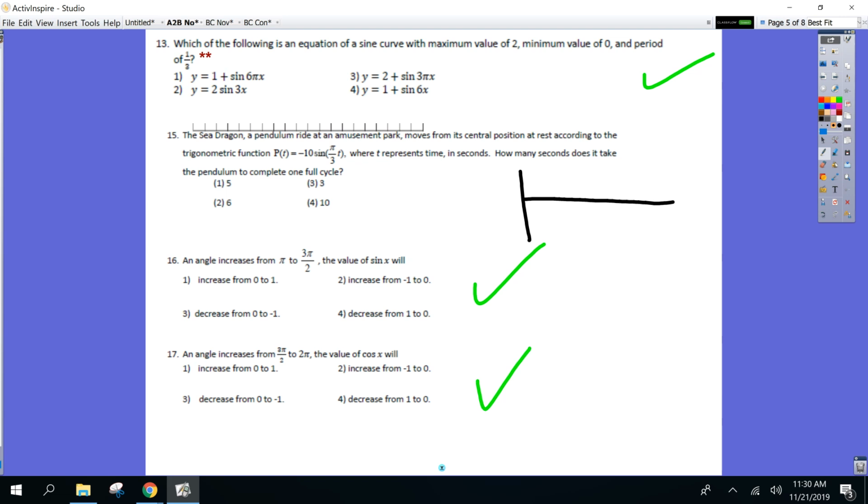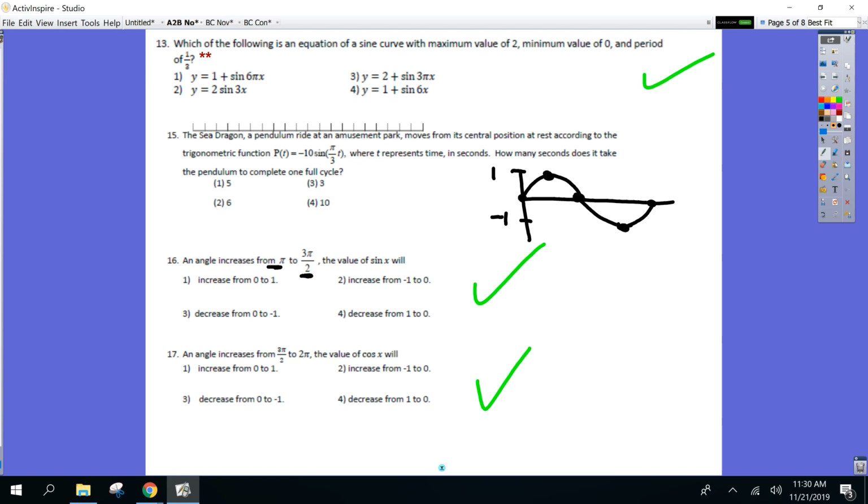Where does the sine curve start? At 0, then it goes to max. If it's just the regular sine curve, it's 1. Down to 0, -1 for the min, and back up to 0. So now, do you know on this curve where pi and 3 pi over 2 are?